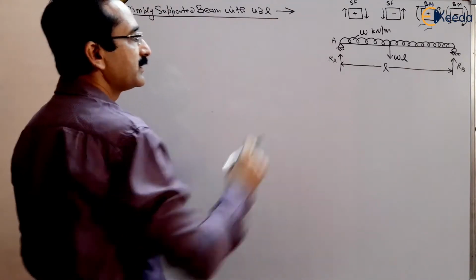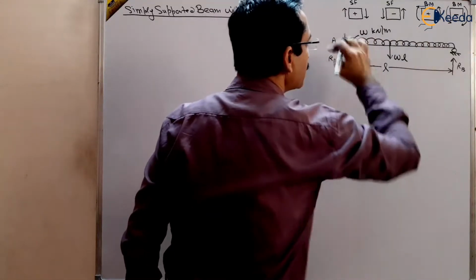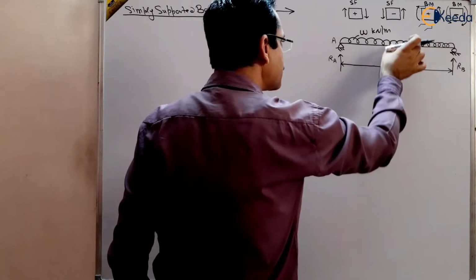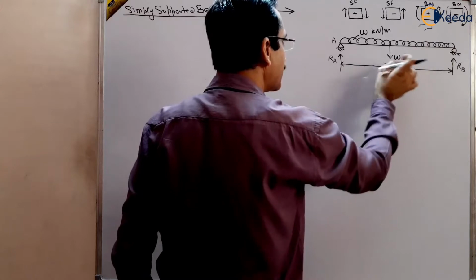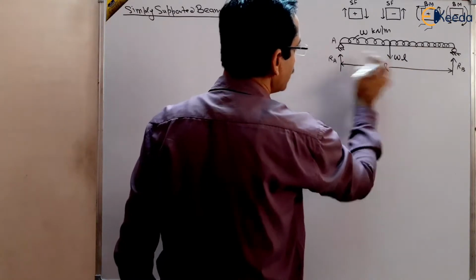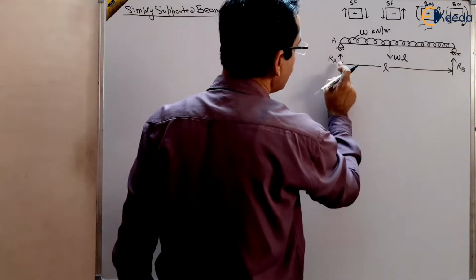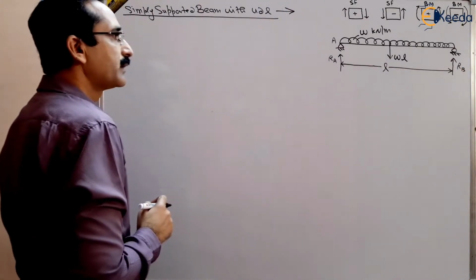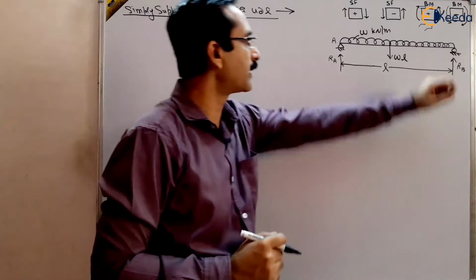So it is a rectangular brick like this, which has WL as the centralized load, centered at the center of the beam, at L by 2 from A and L by 2 from B. And we have to find out RA and RB.